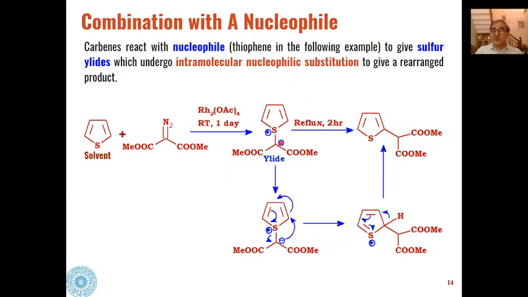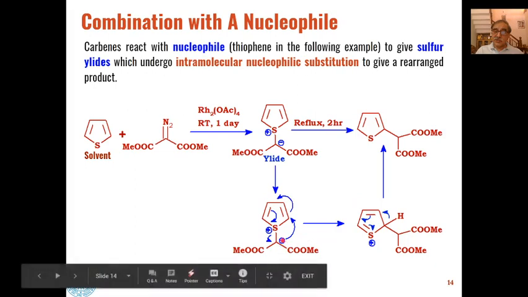intramolecular nucleophilic substitution. So this negative charge acts as a nucleophile. This attacks at this carbon, and we will get this type of product. So you can see over here, this attacks as a nucleophile at this carbon. This bond shifts to this position, this bond shifts to this position, and this bond is broken.